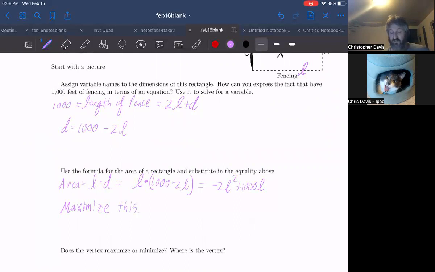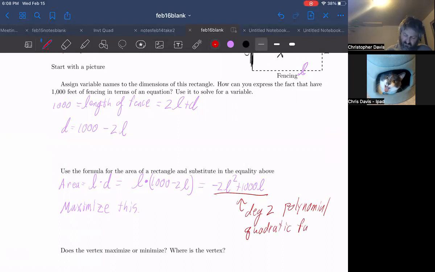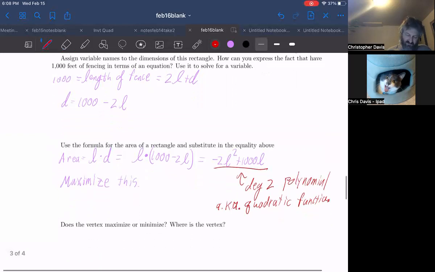This is where the vortex formula comes up. This looks like a degree 2 polynomial, also known as a quadratic function.